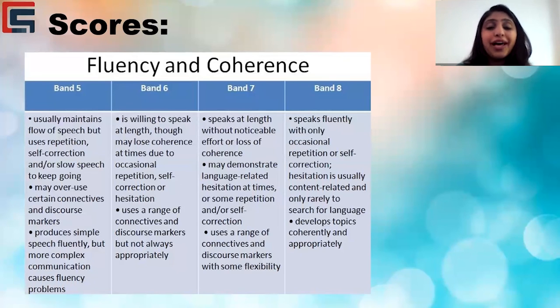If you are applying for general IELTS, you need to have a minimum of 7 bands in your speaking module. So you can check it out over here. What all points are important in fluency and coherence if you want to score 7 or above. You can take screenshots of the slide and read it in detail later on.